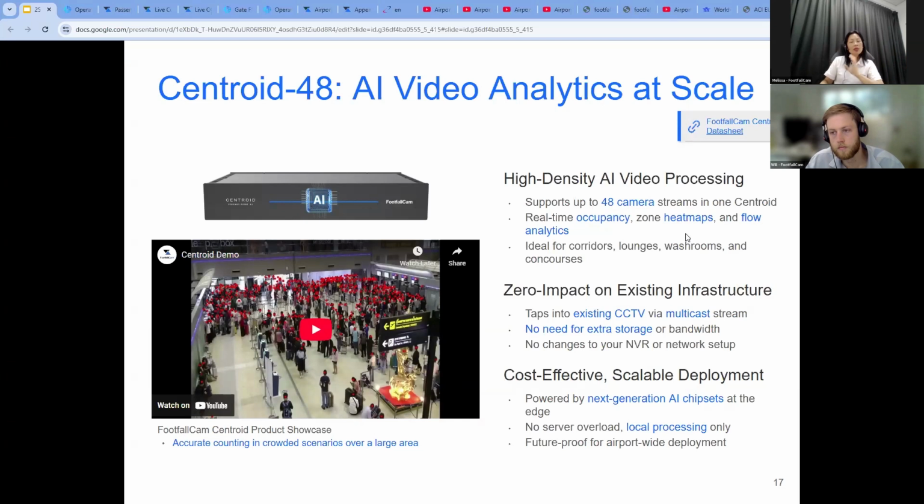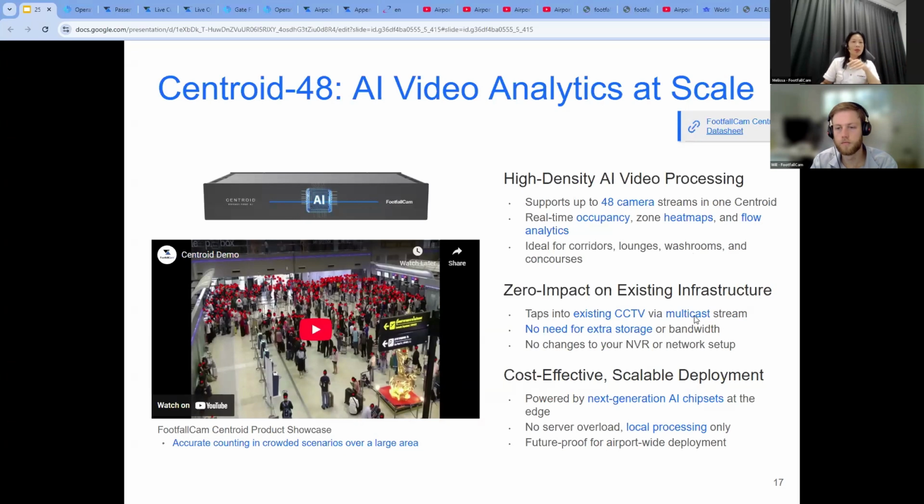What makes the Centroid 48 especially airport friendly is it supports multicast streaming. That means if your CCTV cameras are already recording to an NVR, which is the most important priority, this box can tap into the same feed, without duplicating the bandwidth or requiring additional storage.